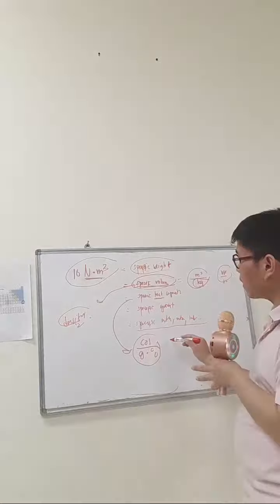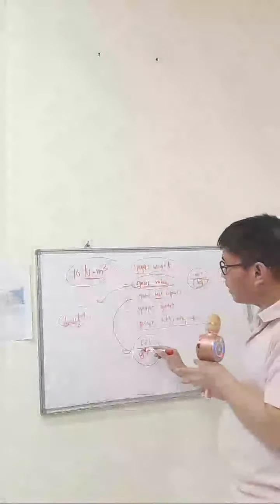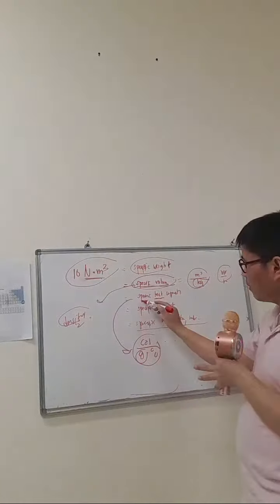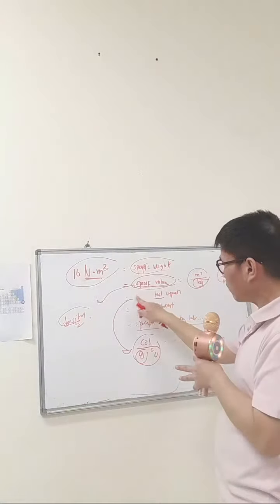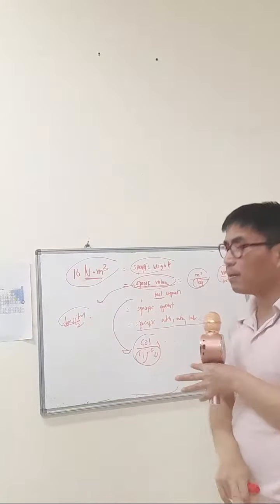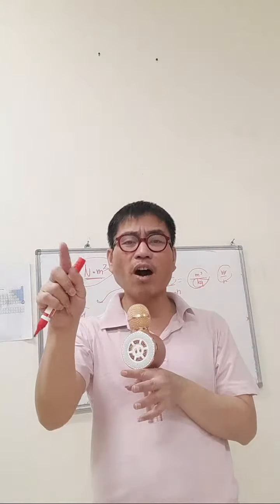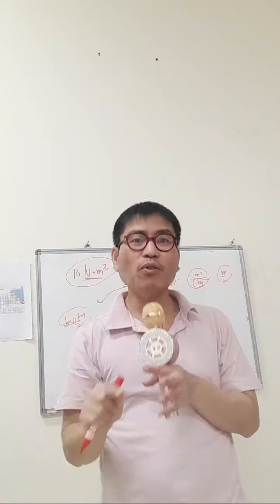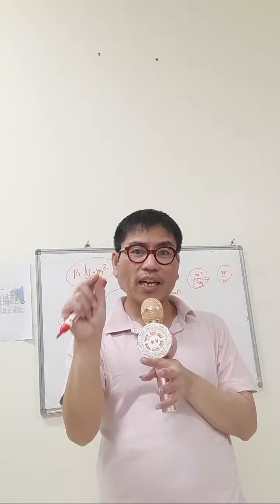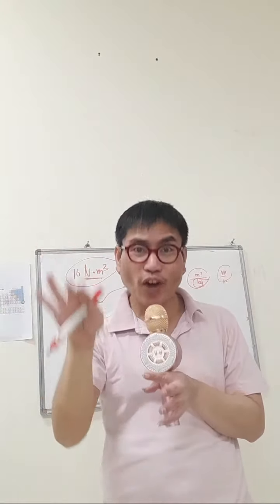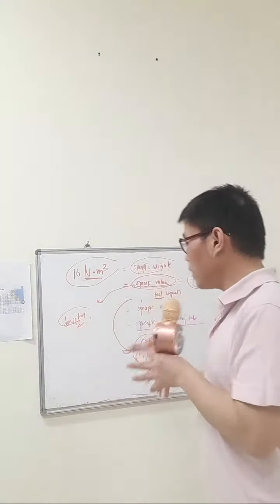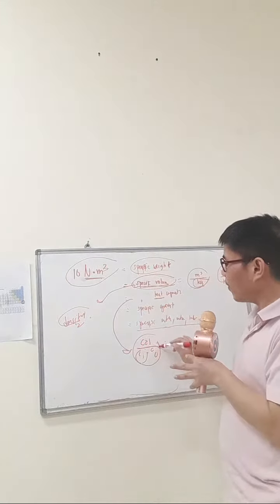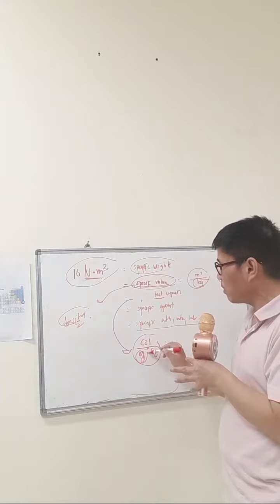It is specific because there's a mass in the denominator. If you remove the specific, that is only heat capacity, and you don't have to put grams in the denominator. It is only calorie per degree Celsius. Now, if you speak of specific heat capacity, then you have to put grams in the denominator, so it becomes calorie per gram degree Celsius.